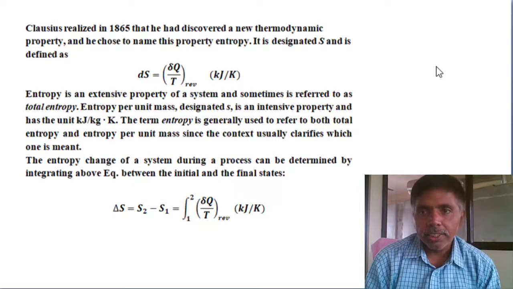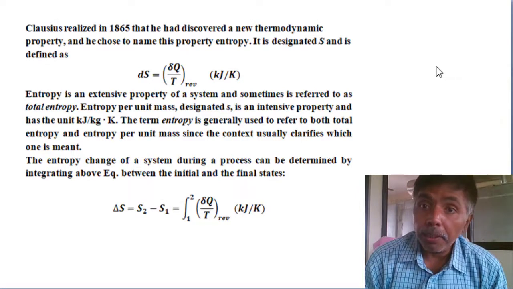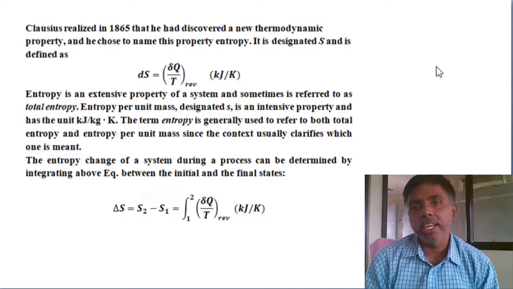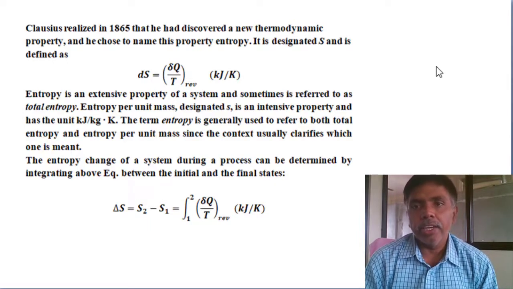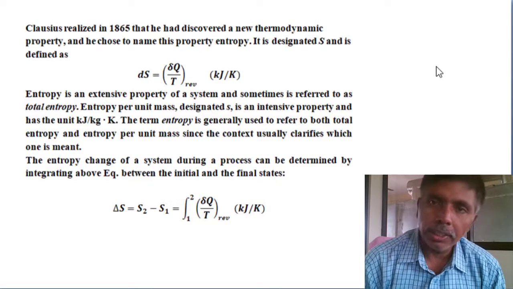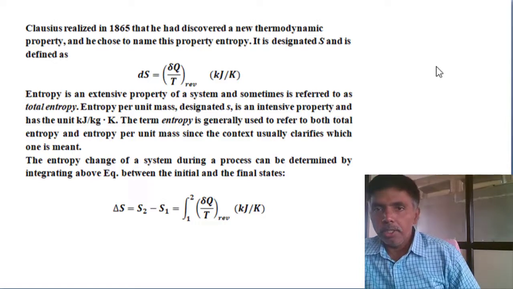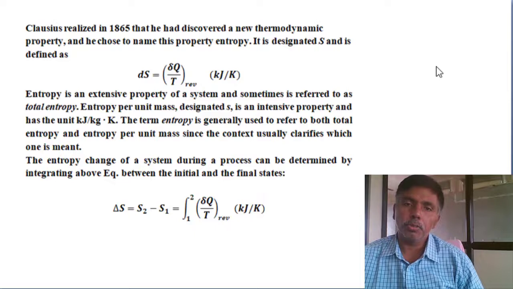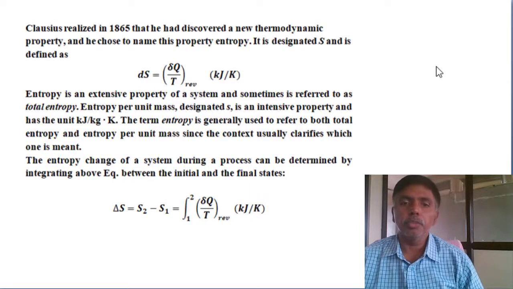For that, the entropy property is the major driving force. So in 1865 he realized it is not an inequality, it is a new property, entropy: total entropy is dou q by T for a reversible process. Units are kilojoules per Kelvin, but it is an extensive property. We require an intensive property, so kilojoules per kg Kelvin. Then you will get the intensive property.